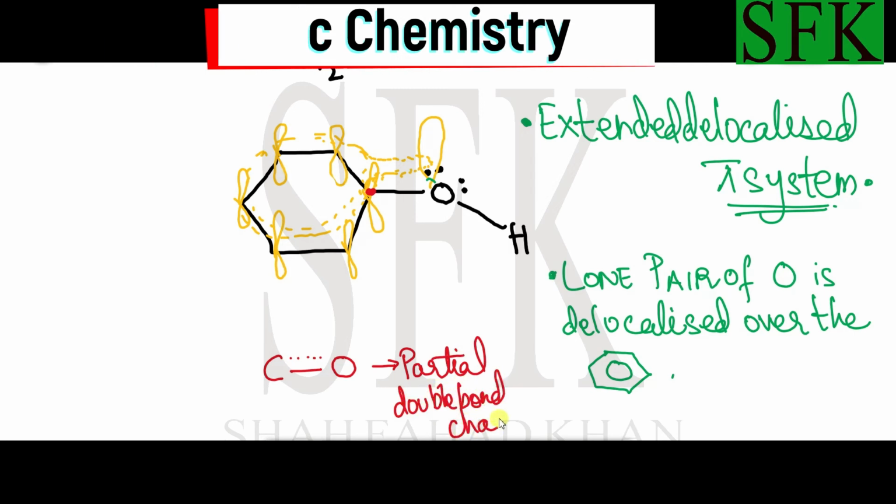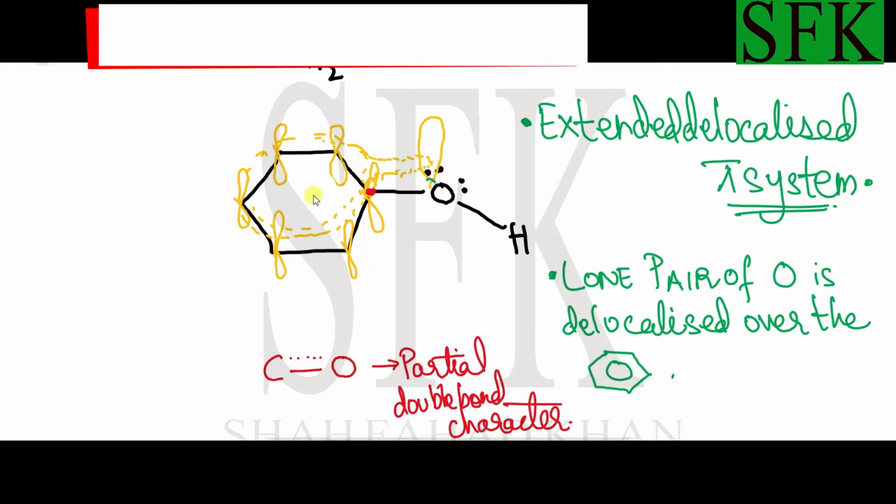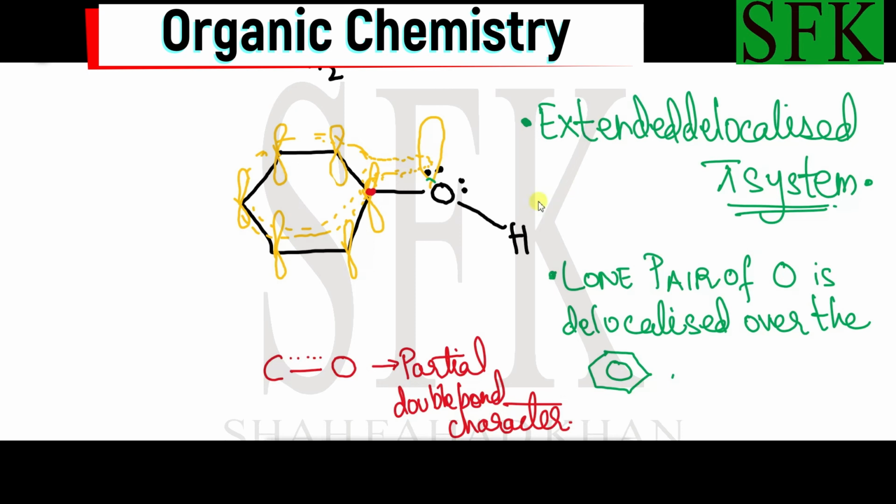Why does it get a partial double bond character and not a full double bond character? That's because this is not a permanent double bond. It's basically a bond which is formed by the delocalization of the lone pair over the benzene ring. That's why the carbon-oxygen bond gets a partial double bond character.